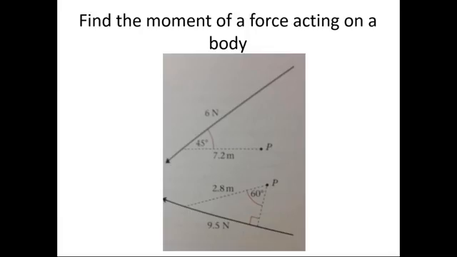So the moment of this force is 10 newtons times, not 8, but 8 sine 45. That is the perpendicular distance, not the distance at an angle. That is in Newton meters, and this force is going to cause it to rotate anticlockwise again.